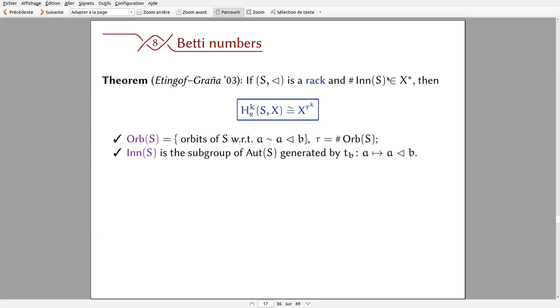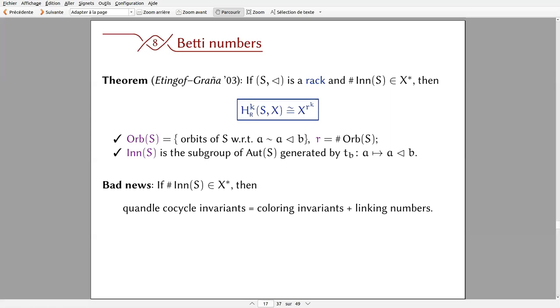If its size is invertible in your abelian group X, where you're taking your coefficients, then you have this formula. For knot theory, it's actually bad news, because it means that under this technical condition, quandle cocycle invariants are actually nothing more than coloring invariants plus some linking numbers.